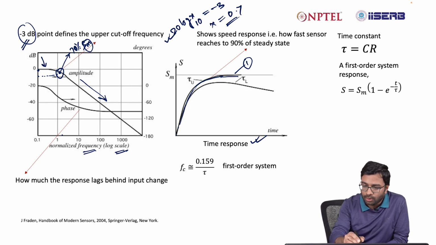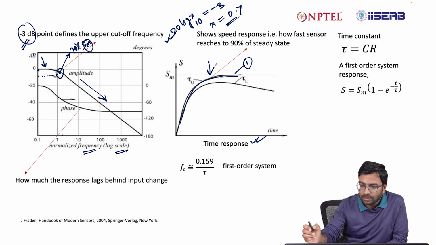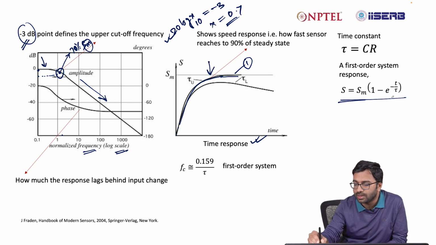And in time response, the amplitude can be given using the equation S is equal to maximum amplitude into 1 minus e to the power minus t by tau. Tau is the time constant, which is nothing but the multiplication of capacitance and resistance.